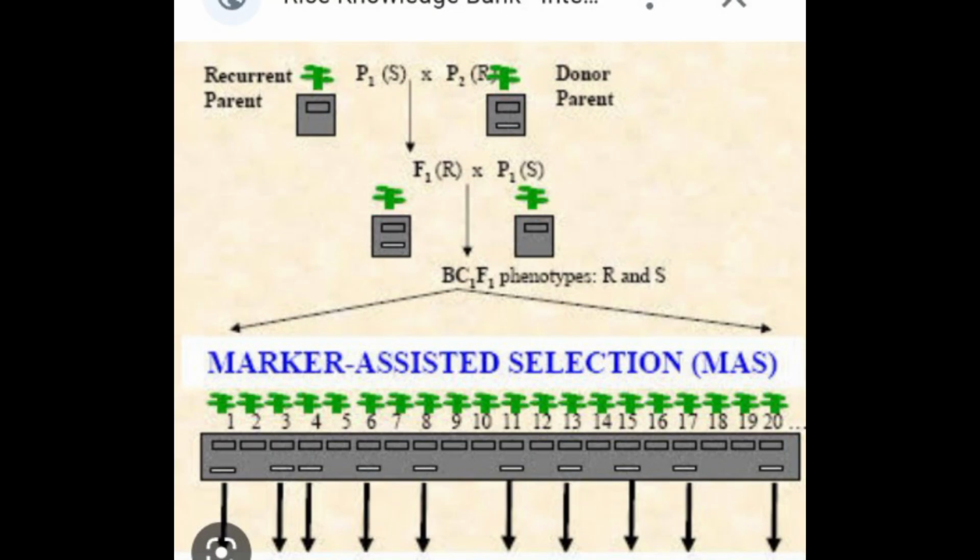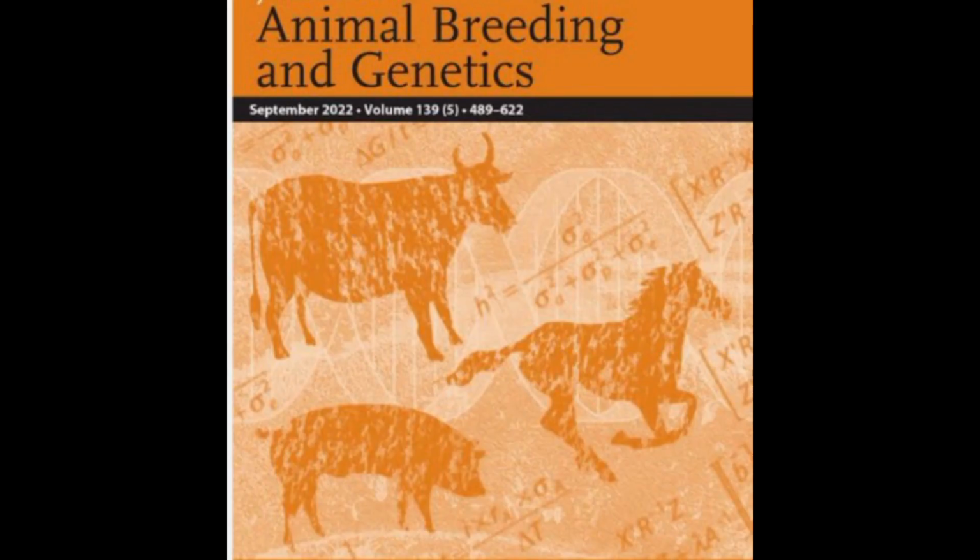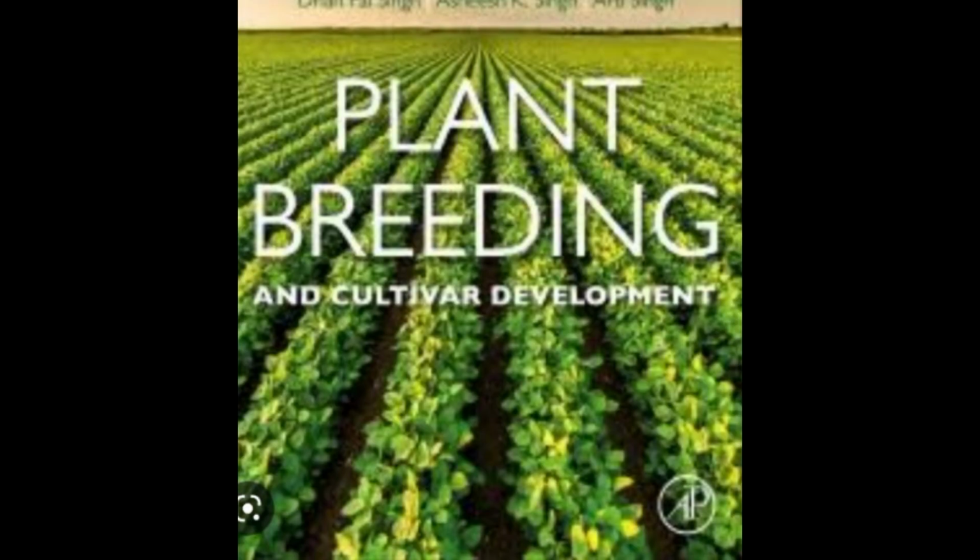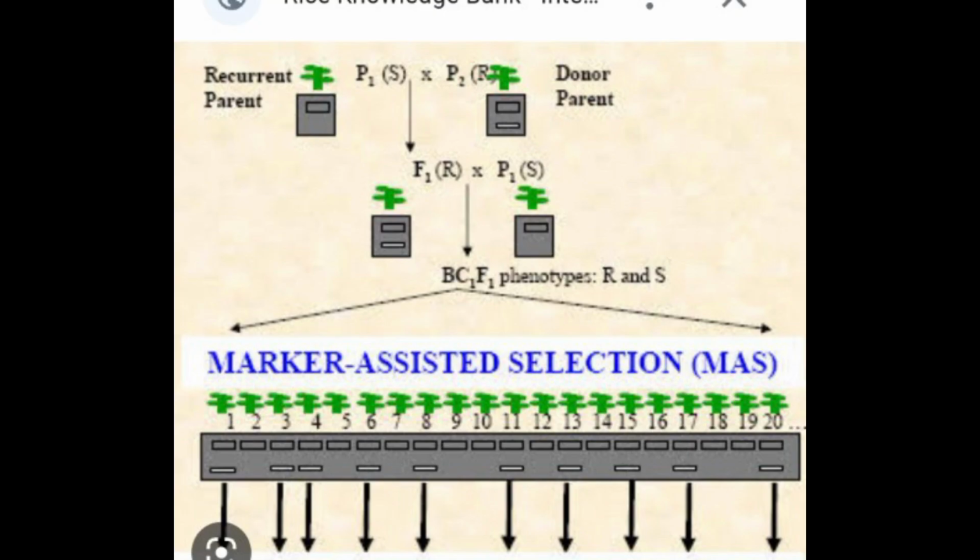Two, open pollinated seeds from the selected plants are grown. Yield trial: one, bulk seed from the selected plants is grown. Two, more selection may be repeated.